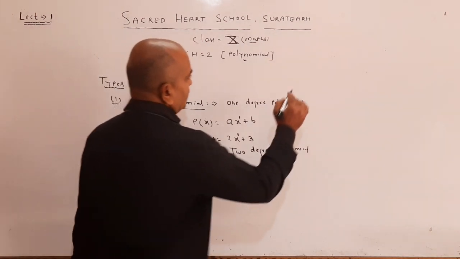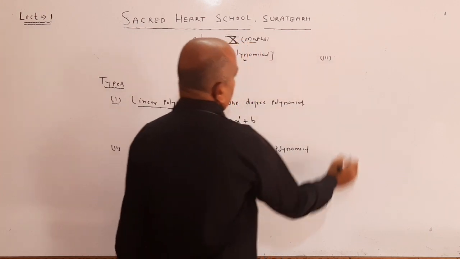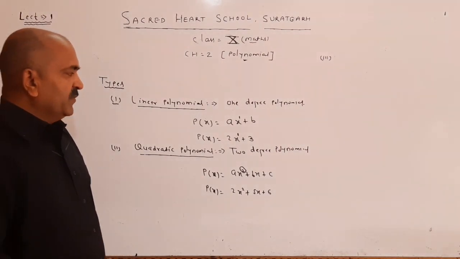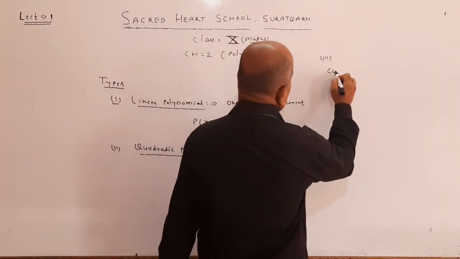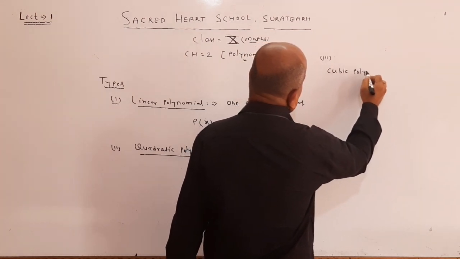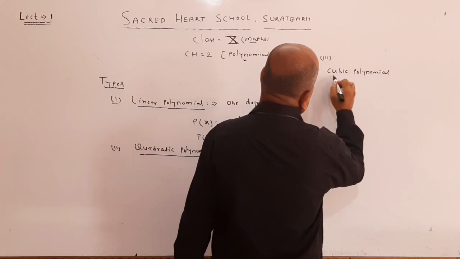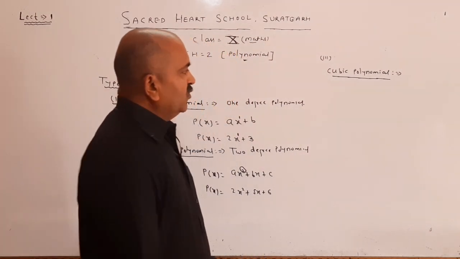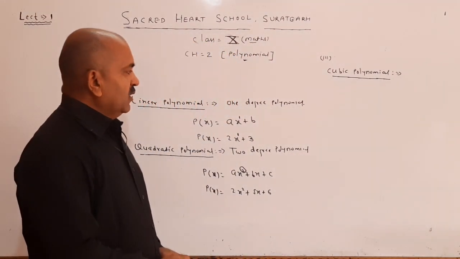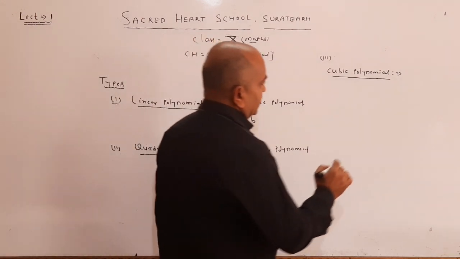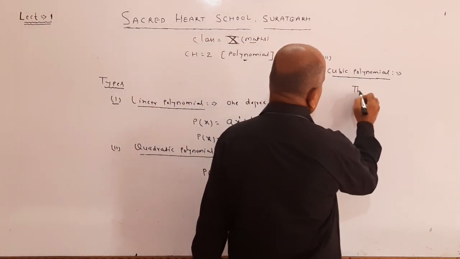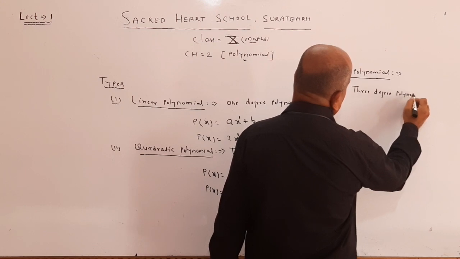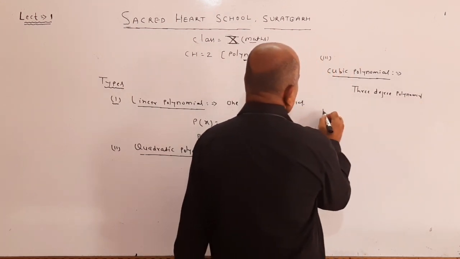Now, third type, cubic polynomial. Cubic means a 3-degree polynomial is a cubic polynomial. That is its definition.